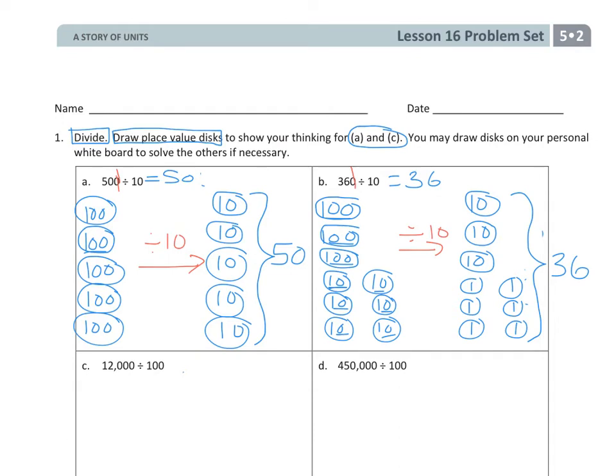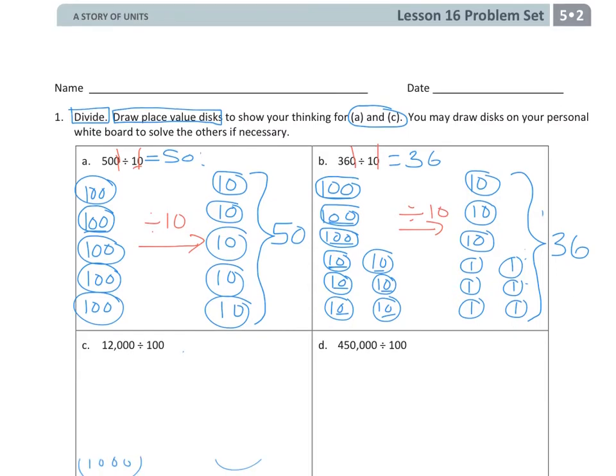Well, why did we take away 1 zero? We took away 1 zero because we're dividing by 10. Since there's 1 zero in 10, we can cross-cancel the zero in 10 and 1 zero in 500. For 360, we're dividing by 10, we can cross off 1 zero in 10 and cross off 1 zero in 360 to show us that the answer is 36.